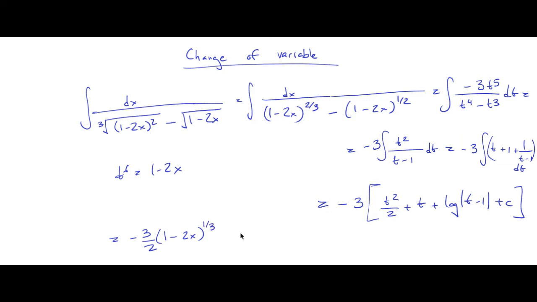And then you have plus t, which is (1 minus 2x)^(1/6), plus the logarithm of the absolute value of the 6th root of 1 minus 2x minus 1, plus c. Okay, so as you can see, this kind of integral you wouldn't be able to solve without this change of variable.